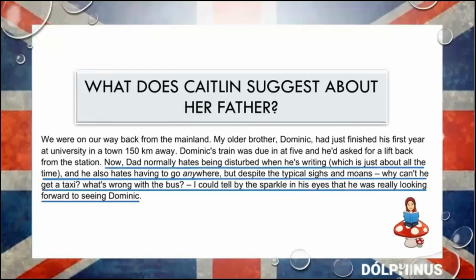And there it is. Now, Dad normally hates being disturbed when he's writing, which is about all the time, and he hates having to go anywhere. But despite the typical sighs and moans, why can't he get a taxi? What's wrong with the bus? I could tell by the sparkle in his eyes that he was really looking forward to seeing Dominic.